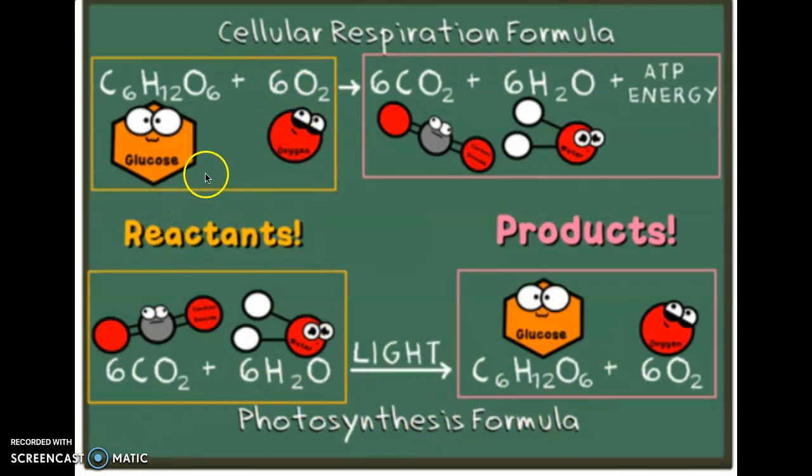You are going to first take a look at the reactants in the cellular respiration formula, right? So these two reactants are glucose, C6H12O6, plus oxygen, or 6O2, and then come over to the products on the photosynthesis formula.